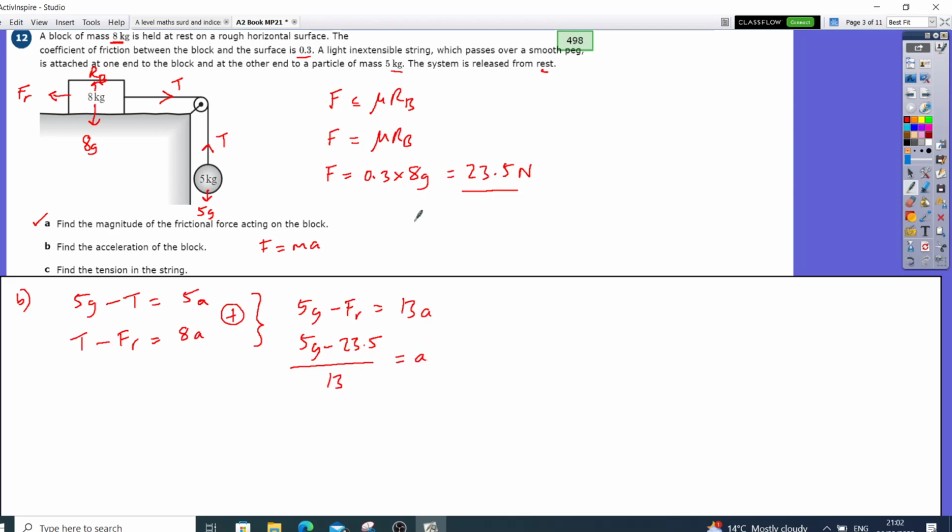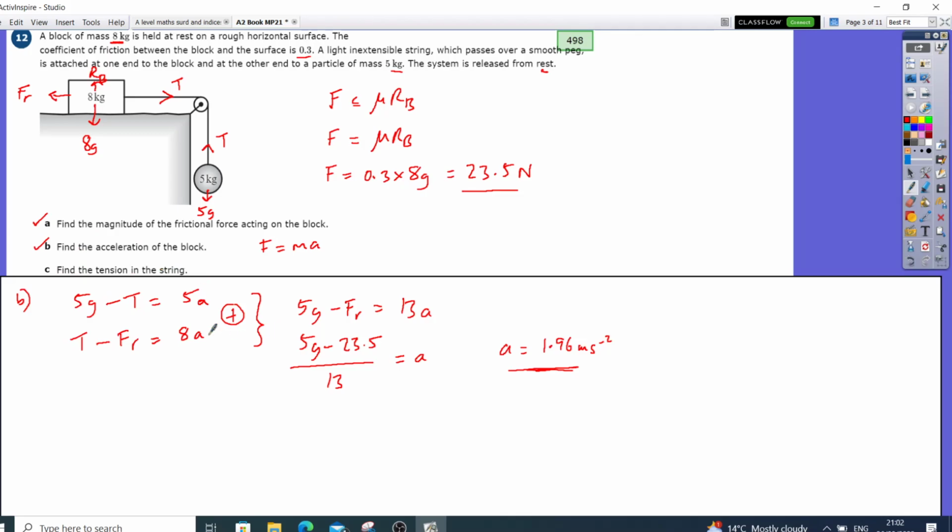Now we know that g is 9.8 unless it states otherwise. If you put that in your calculator, you're going to get a equals 1.96 meters per second squared. So we've got the acceleration of the block.